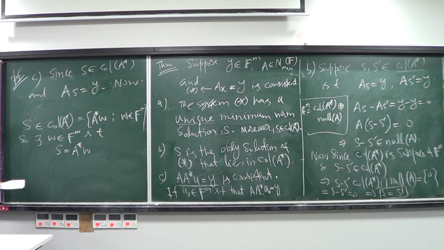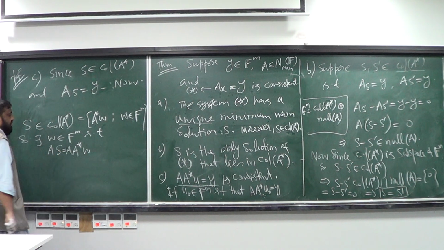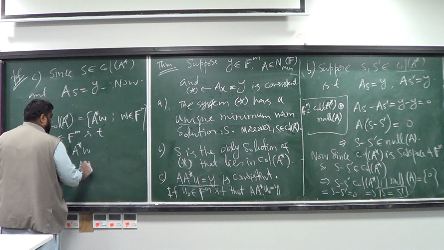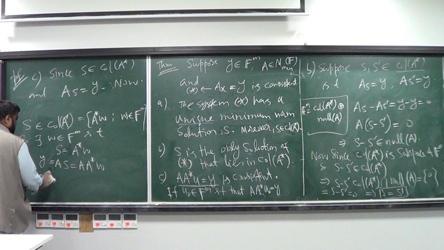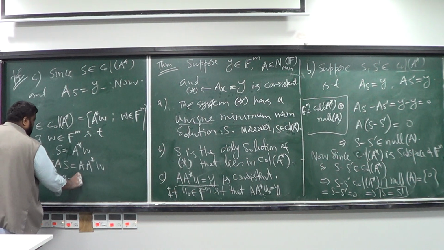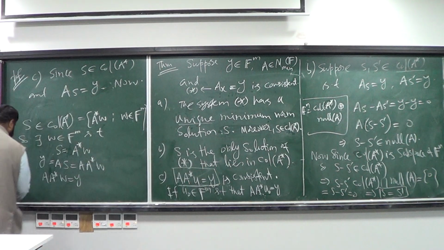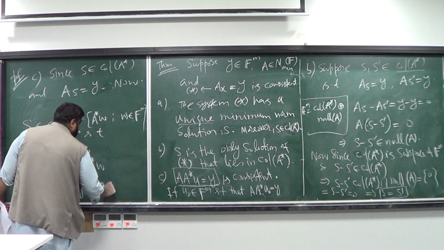Now multiply A onto both sides of this system. A star W. Now A S is Y. So this means that A star W is equal to Y. Hence this system, A star U equal to Y, is consistent.